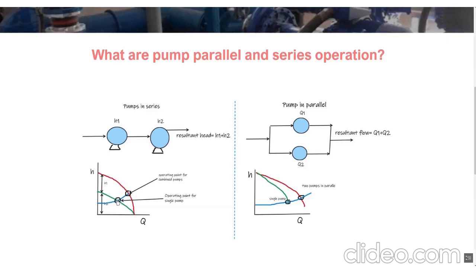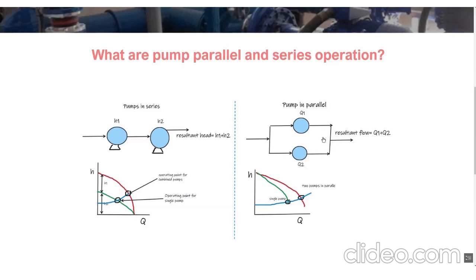However, generally speaking, we are getting the sum of the first pump and then the second pump. Similarly, now look at the parallel operation. We have one pump and then the second pump. Both pump suctions are connected by a single piping, and then the discharges of both pumps are also connected to each other.